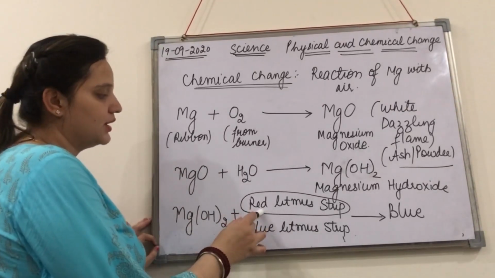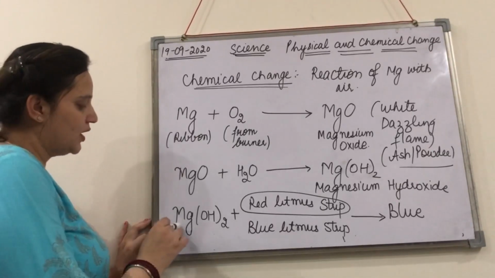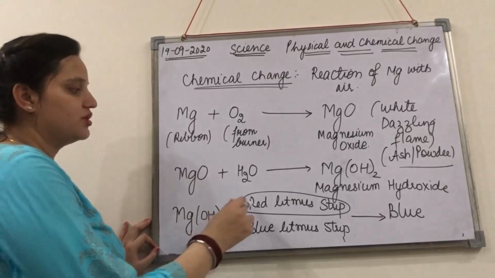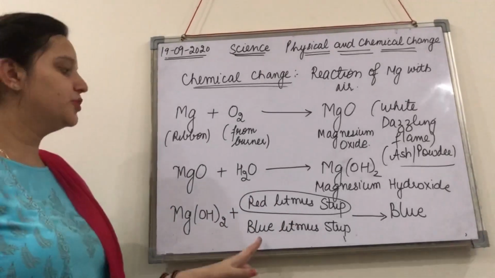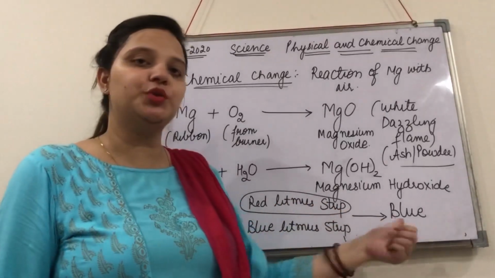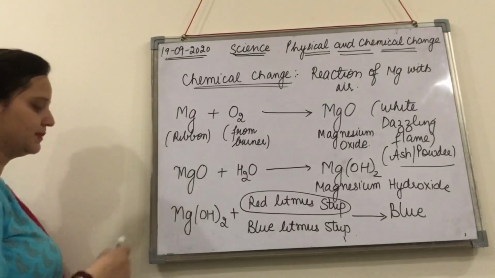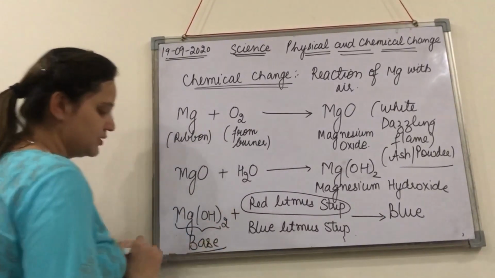Here I am taking red litmus and blue litmus. When the magnesium hydroxide solution touches the red litmus strip, the red litmus changes into blue color. That confirms that this magnesium hydroxide is a base.